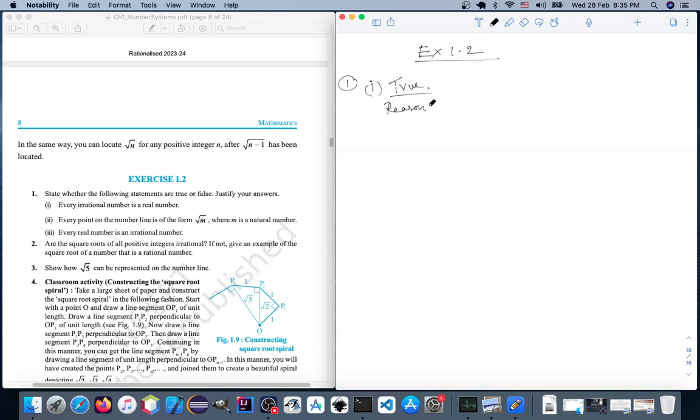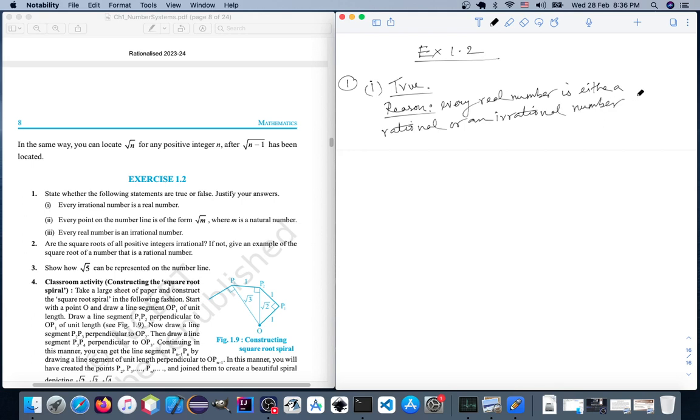The reason you can give is that every real number is either a rational or an irrational number.